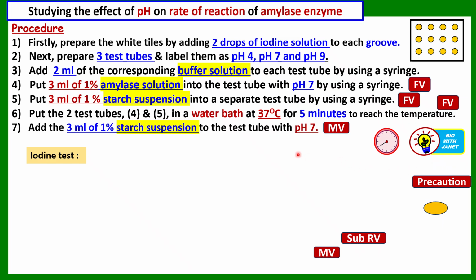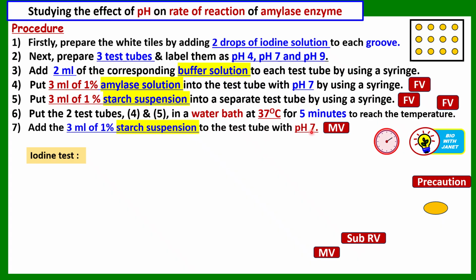Now, when you are ready to start the experiment, make sure that you have tried out your stopwatch and put it at 0. Then add the 3 ml of 1% starch suspension to the test tube with pH 7.